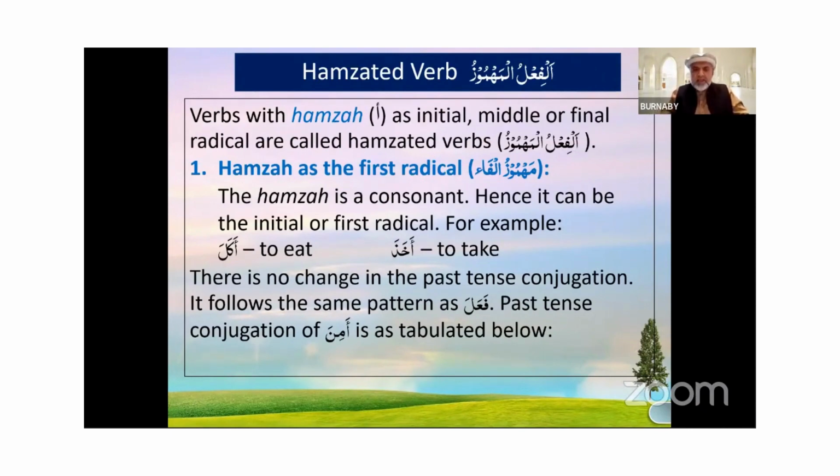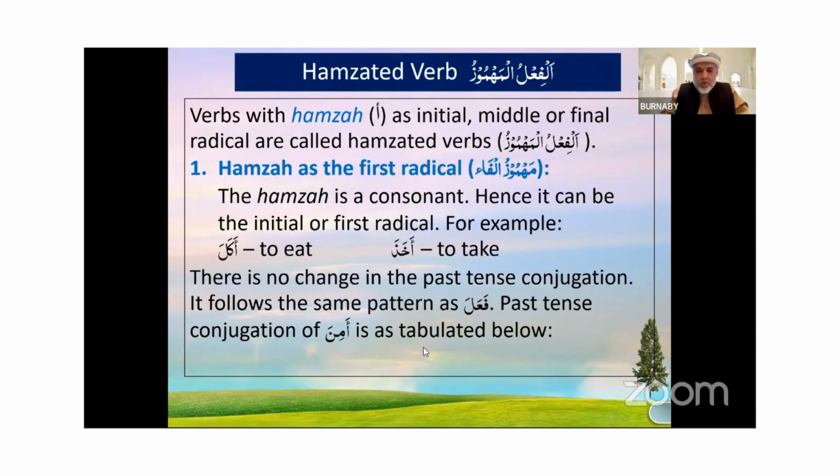Okay. So let's look at what we are trying to say here. The English name for al-fi'l al-mahmoos is hamzated verbs. What is the meaning of hamzated verbs? That there is a hamza in there. Yes. Okay, this is the English version they came up with. They call it hamza-ated verbs.